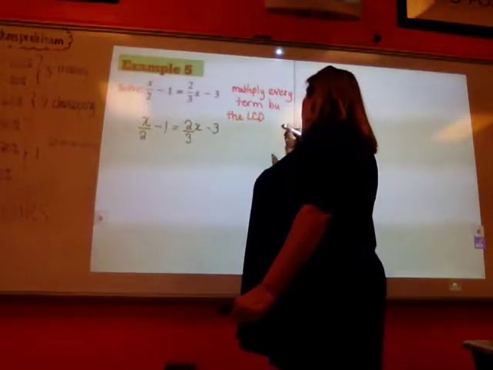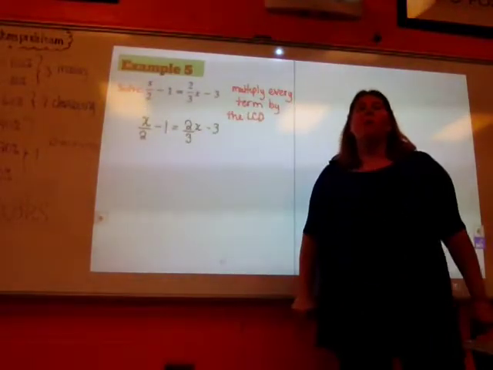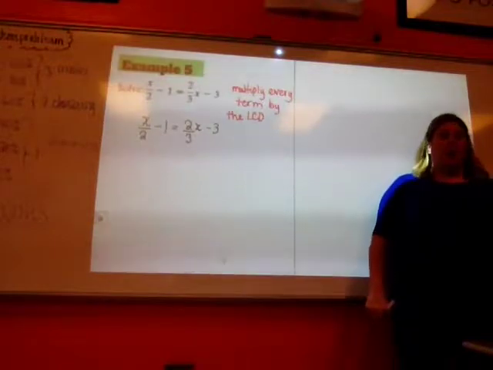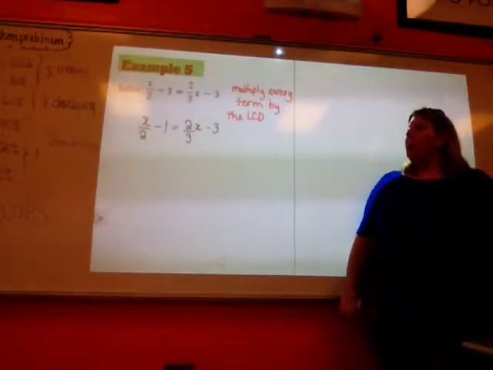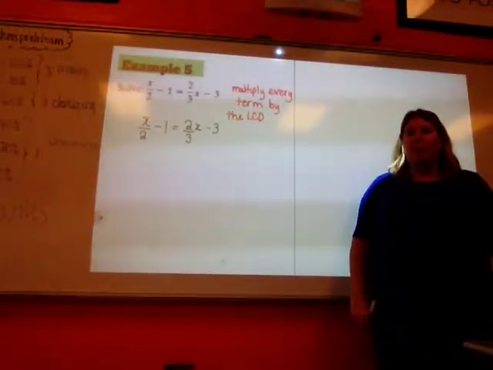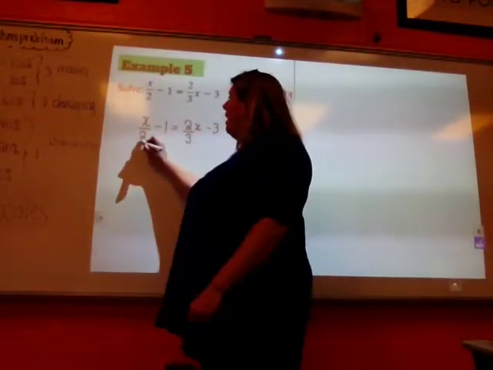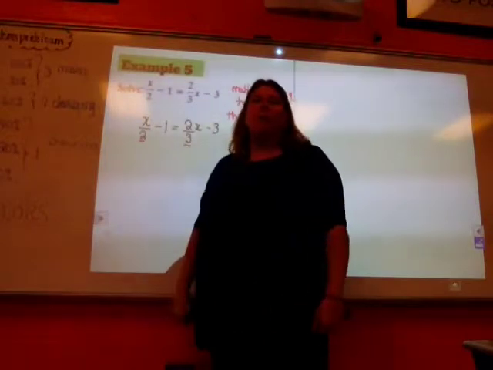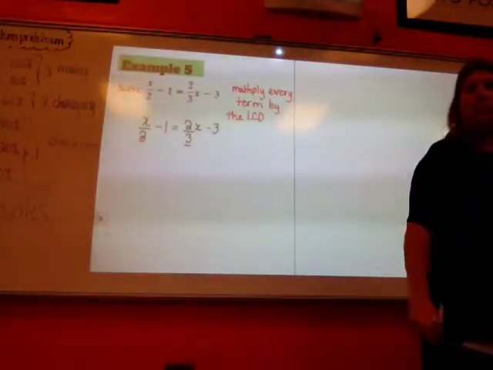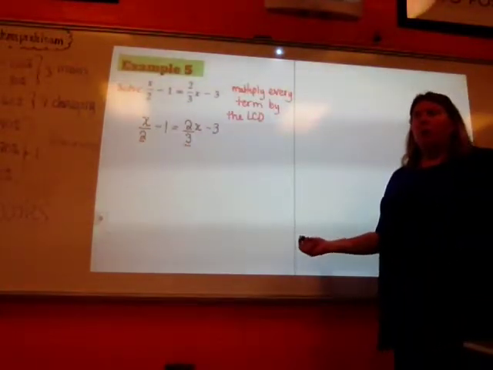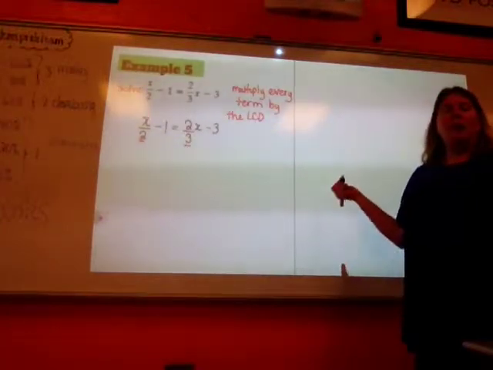Really, just the least common denominator. So if I had to have a number that was going to be my least common denominator between 2 and 3, what is a number that both 2 and 3 can go into? 6, right? So 6 would be my least common denominator.